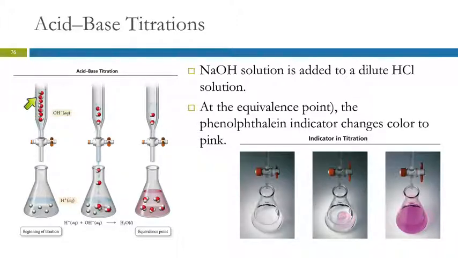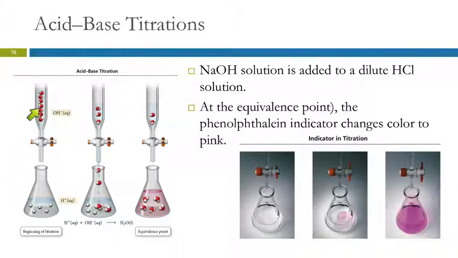So here we have a burette holding hydroxide ion solution, the sodium hydroxide. The burette is great because we can add varying amounts in a very controlled way and still measure the volume accurately. So we're going to add a little bit of sodium hydroxide to this flask where we have our acid solution.